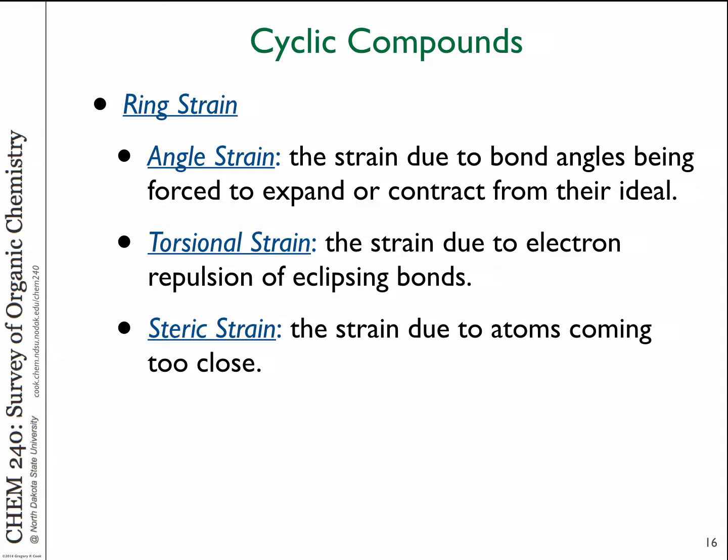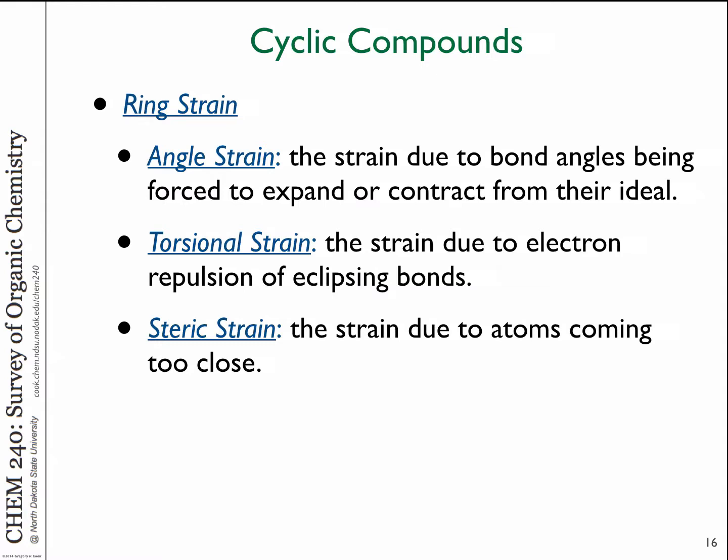Well, if you have to squeeze that bond smaller than the angle or spread it out larger than the angle, it's not optimal. It's more unstable, and it adds some more strain energy to the molecule. And when we have ring compounds, we can analyze each of these different kinds of strains, and we see added strain due to angles not being optimal. All together, we refer to this as ring strain.